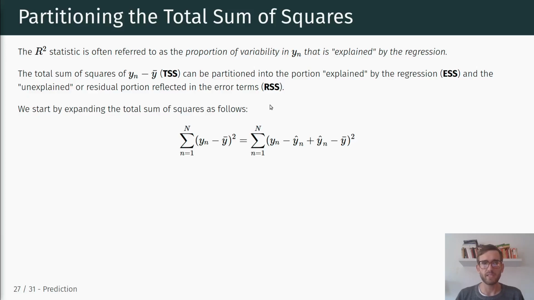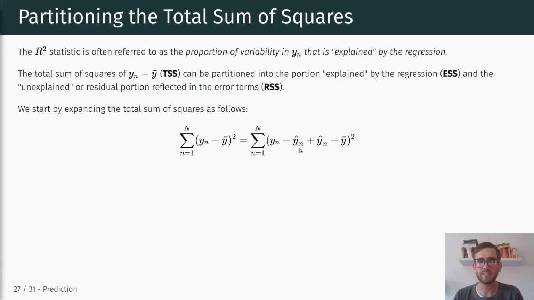So we can start by expanding the total sum of squares as follows. The total sum of squares, again, are the deviations between our observed y_n and our y bar, the average y, squared, and then summed over all observations from n equals 1 to capital N. And we can expand this by subtracting and adding a term that cancels out, but that allows us to rearrange this equation a little bit.